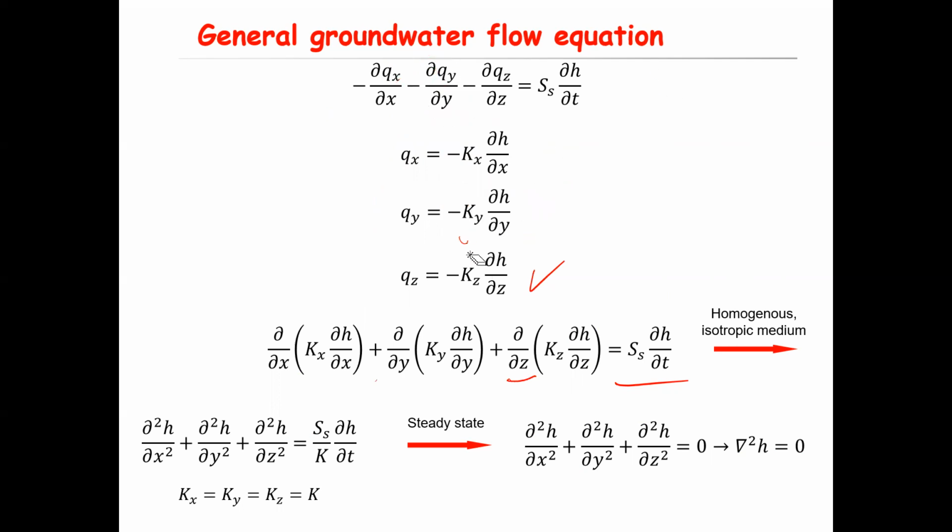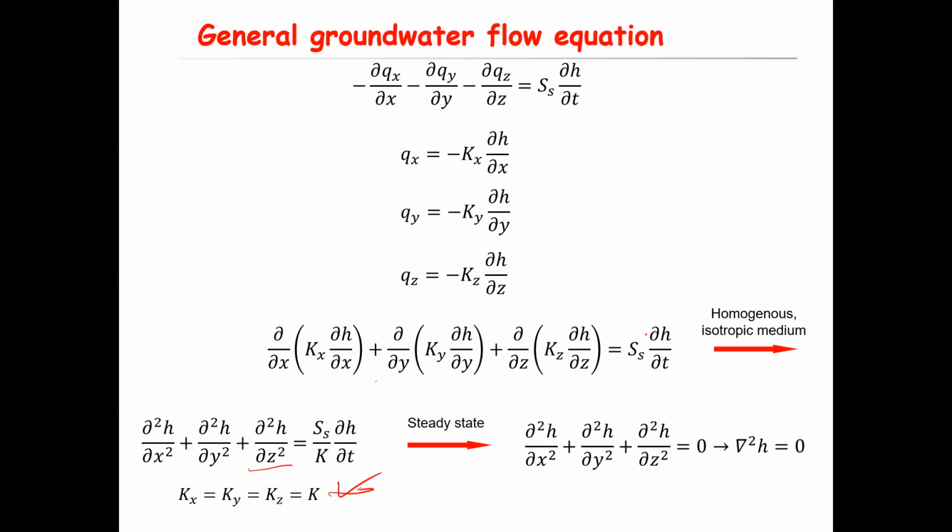So if we assume the system, my medium, my aquifer, is homogeneous and isotropic, that means Kx, Ky, Kz will be the same, and let's represent them by K. Therefore, I can divide all terms on each side of this equation by the parameter K. Therefore, that will be the second derivative of h with respect to x, second derivative of h with respect to y, second derivative of h with respect to z will be equal to Ss divided by K, because I divided everything by K, times derivative of h with respect to time.